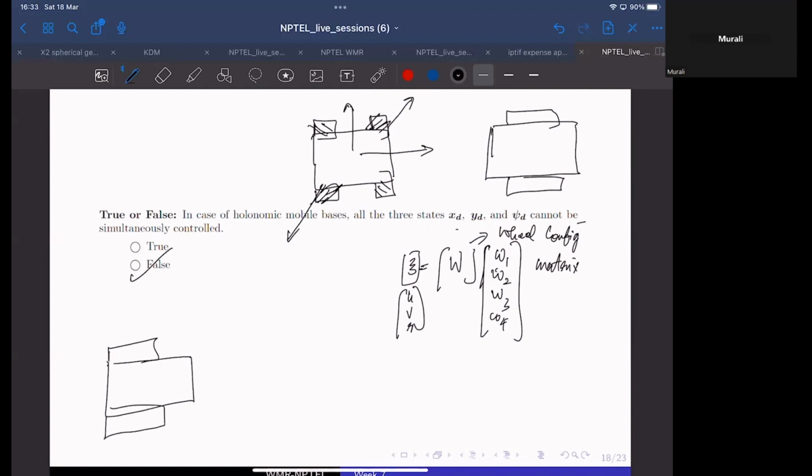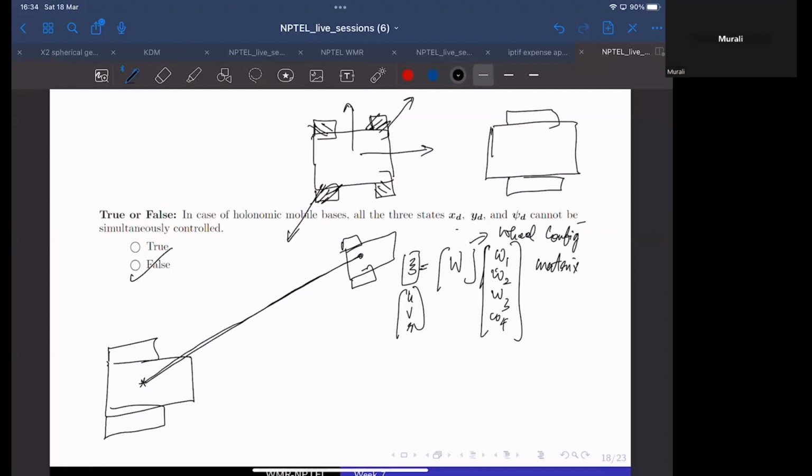a non-holonomic robot? If we want to move or define a trajectory of a non-holonomic robot from a starting position to a final position, we can either control the position first. It can move along this line, right?